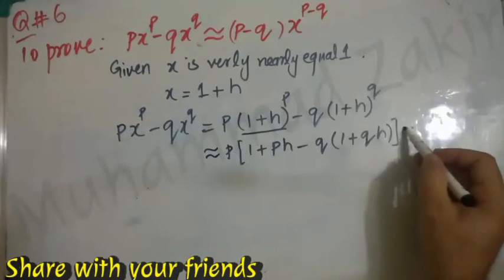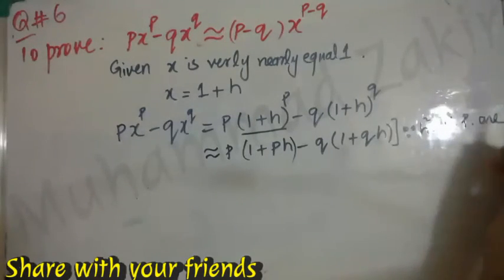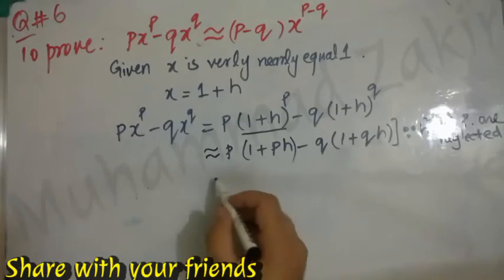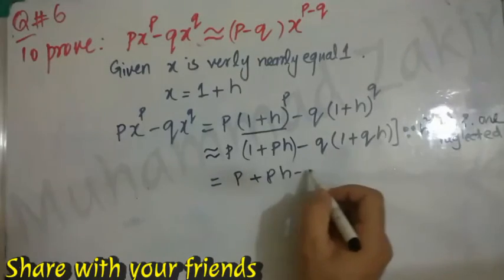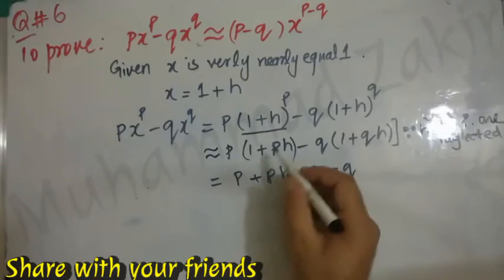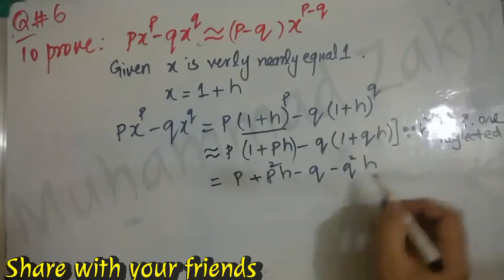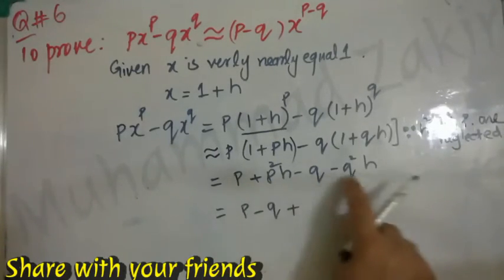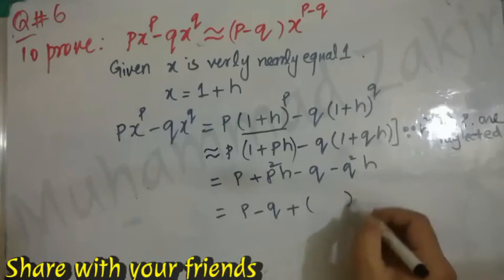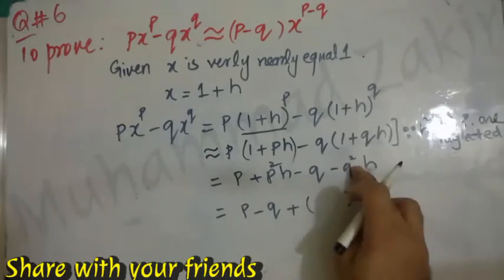This is how we write, and we know that h square and higher powers are neglected. Then look at it. P plus ph minus q square. P square h, q square h. We write p minus q together plus these two together with h common. With h common, this is p square minus q square.